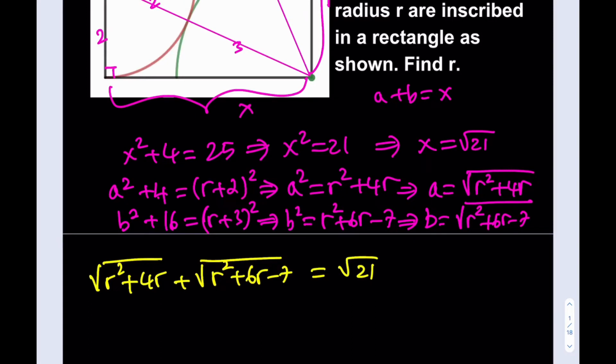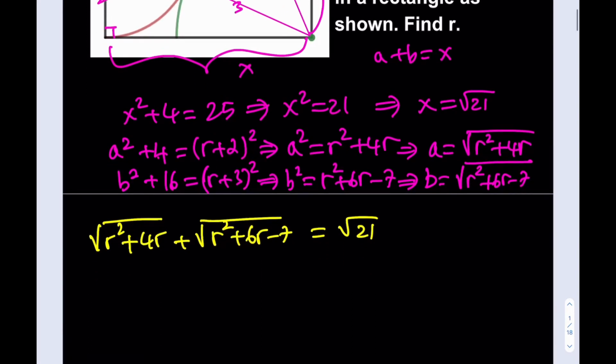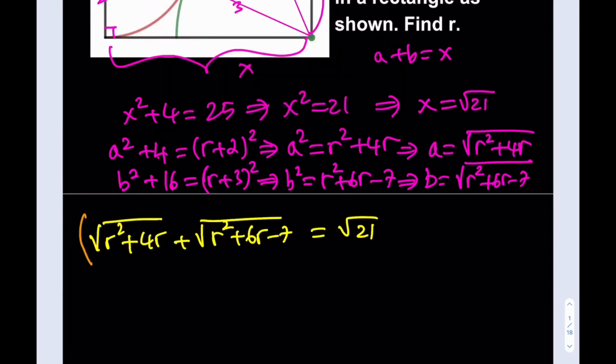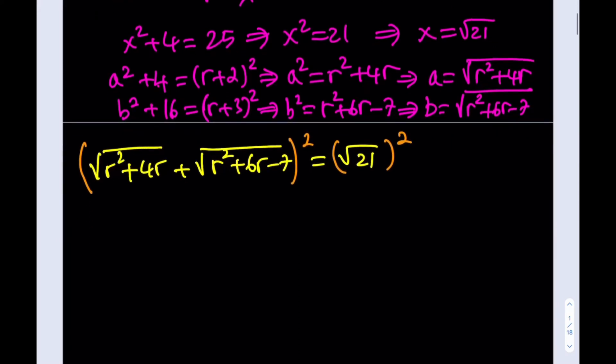Awesome. Now we're going to square both sides of this expression and work from there. If I square both sides, I'll be getting something nice. Not nice at first, but then it'll become nicer.